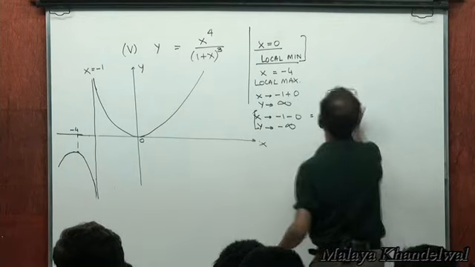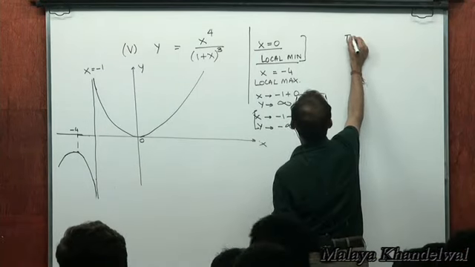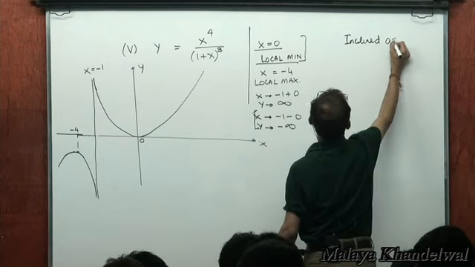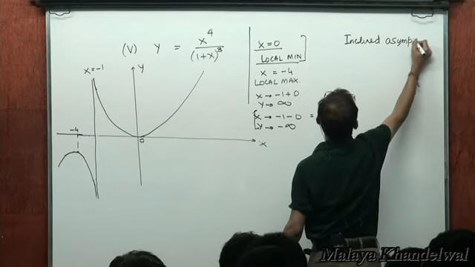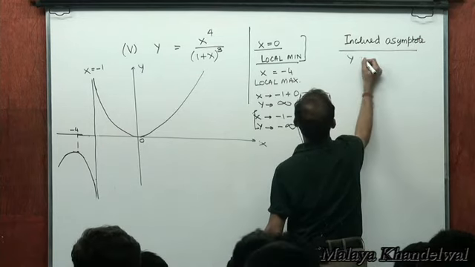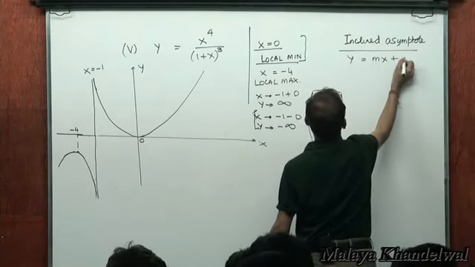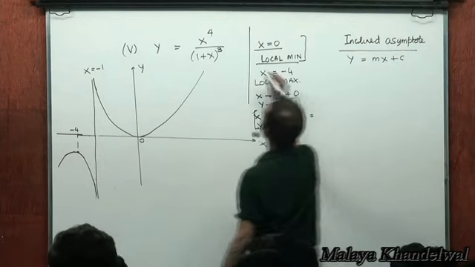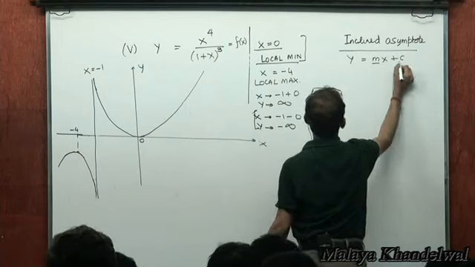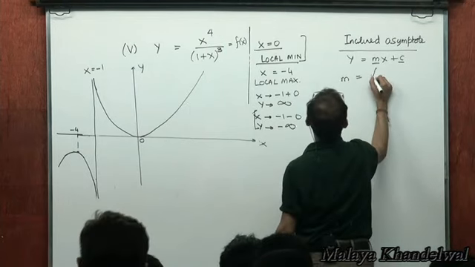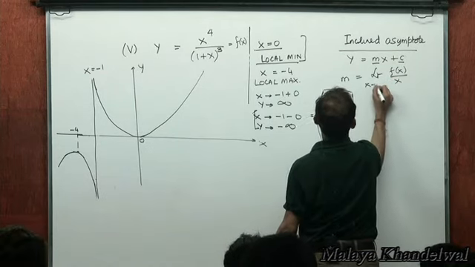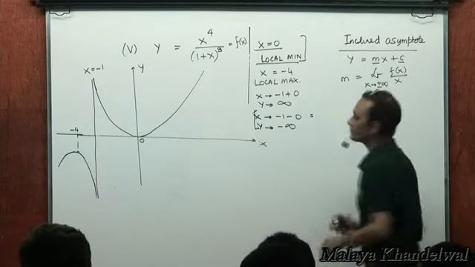Say there is an inclined asymptote, which is y equal to mx plus c. And if you remember, if this is y equal to f(x), then if an m exists, then m must be the limit of f(x) by x as x tends to plus minus infinity.